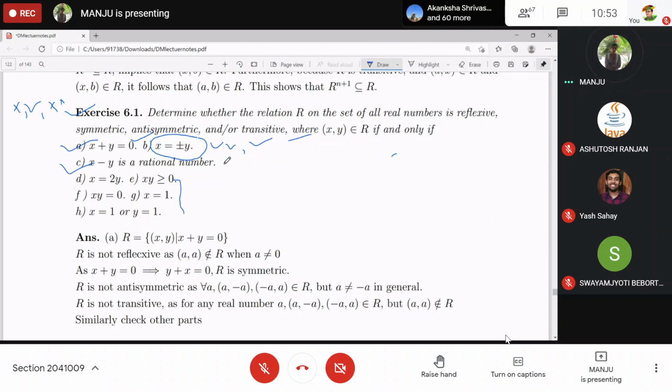Okay. So, is it reflexive, rational number? Yes, ma'am. Reflexive. X minus x is 0. That is a rational number. So for all x, it is reflexive.